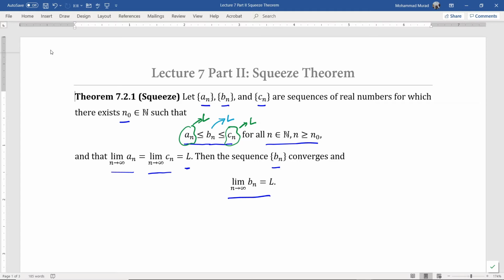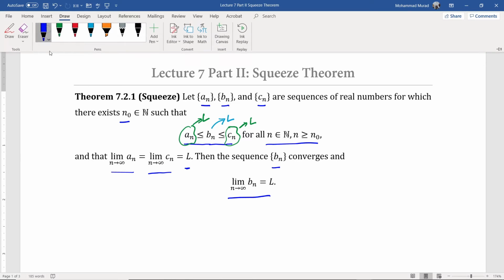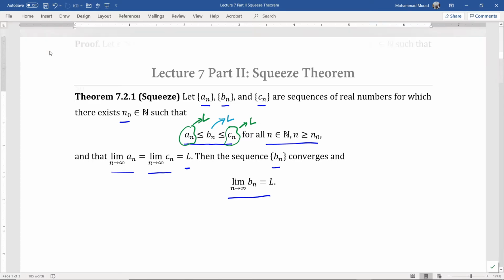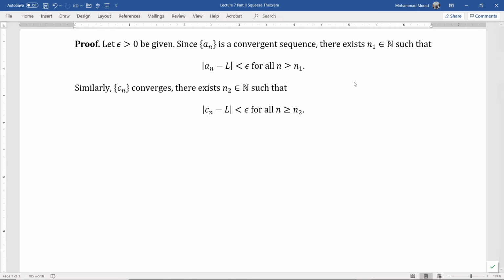Let's have a look at the proof of this theorem. Let epsilon be given. Since the sequence a sub n is convergent, there exists some positive integer n sub 1 such that the absolute value of a sub n minus L is smaller than epsilon for all indices n larger or equal to n sub 1.